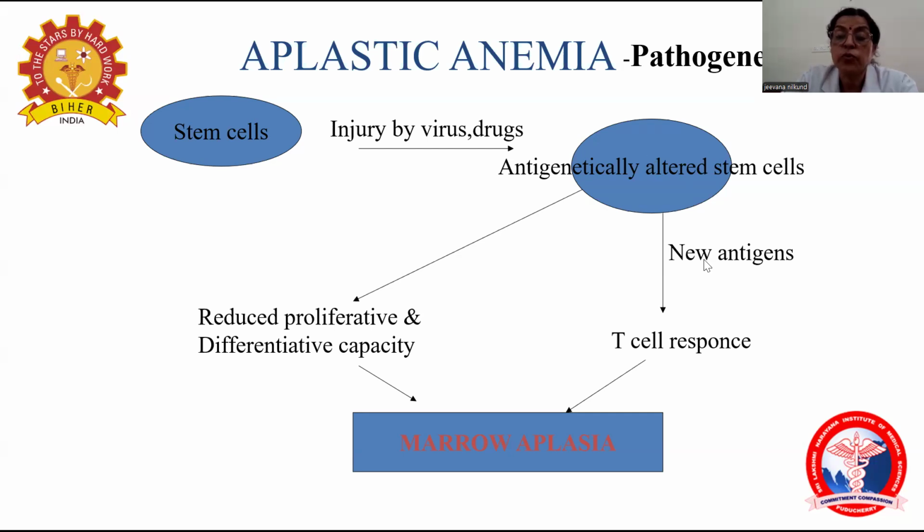They express new antigens. And because of the new antigens, they elicit a T cell response, which causes marrow aplasia, or they directly reduce the proliferation and differentiation of the stem cells, thereby causing marrow aplasia.